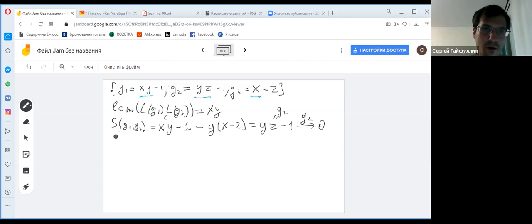And one more, the LCM of the leading terms of G2 and G3 is equal to xyz.